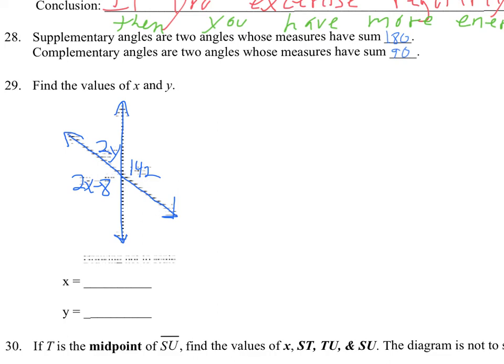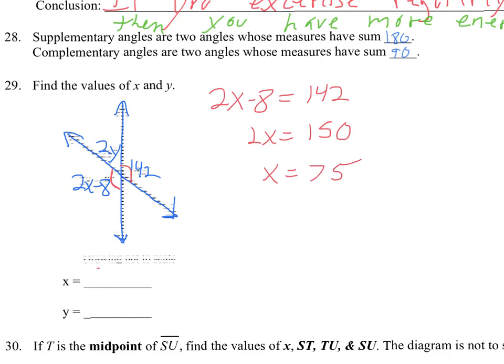Well, what we have here are intersecting lines, and we know that if lines are intersecting, then vertical angles are congruent. That means these two angles are congruent. Therefore, 2x minus 8 is equal to 142, and we solve for x. Add 8 to both sides, divide by 2, and x equals 75. So there's one of my answers.